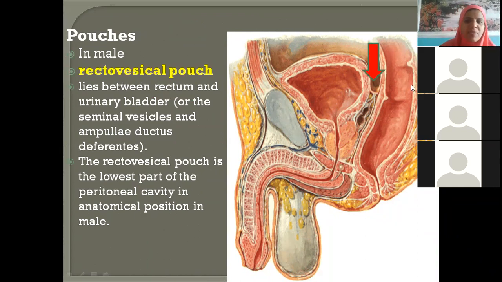Recto means rectum, vesical means urinary bladder. So between these 2 visceral organs you are finding the fold of peritoneum. What do we find here? As Lokesh was trying to tell us, we find seminal vesicles and ductus deferens here. This is the lowest part of the peritoneal cavity in case of male.